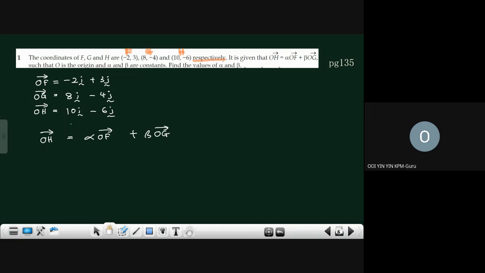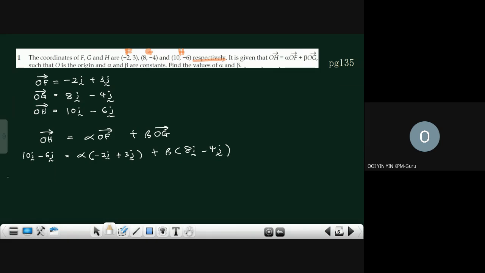Put in OH, you have 10i minus 6j. Then your alpha here, OF is -2i plus 3j, and then your beta here will be OG, OG is 8i minus 4j.